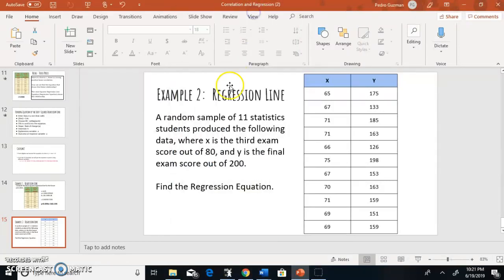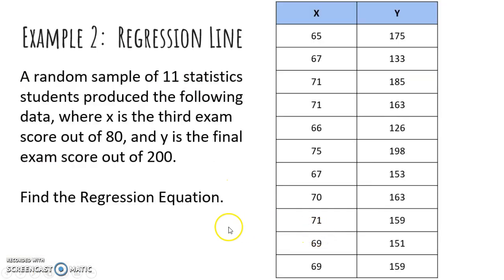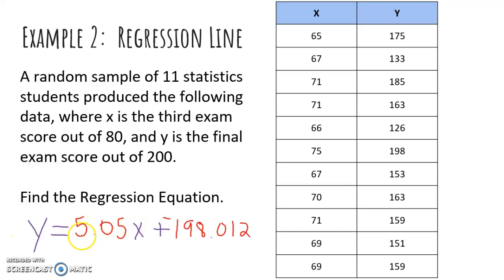So let's write out this equation. You can see where I have filled in the 5.05 for the a and the negative 198.012 for the b. So y equals 5.05x plus negative 198.012.